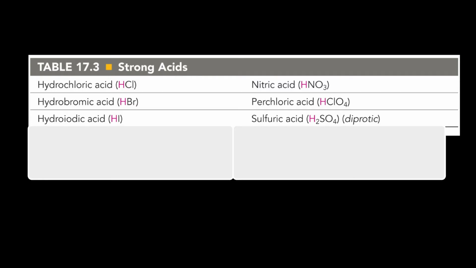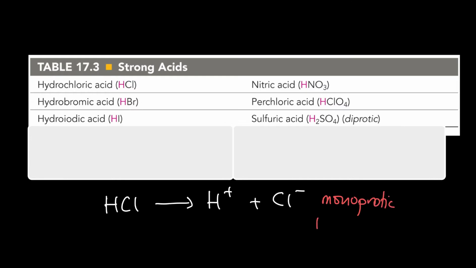And sulfuric acid is actually an example of a diprotic acid. So what do we mean by a diprotic acid? Well, in the first semester we said that acids can be classified as monoprotic or diprotic, and that is telling us how many protons or how many hydrogen ions they are capable of forming. So HCl is monoprotic because it can give off 1 hydrogen ion per molecule. Now, sulfuric acid is diprotic, which tells us that it is capable of forming 2 hydrogen ions for every sulfuric acid molecule.